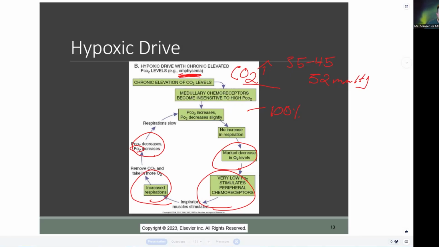And so the respirations will slow too dramatically, and they could even stop breathing. So you can give them high O2 if you need to get their O2 up, but you can't do it for long periods of time with someone that has chronic high CO2 levels, because it's almost like masking it.